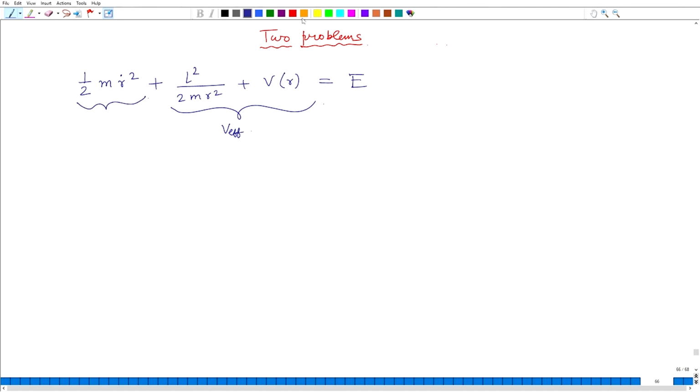And we know that this is the true kinetic energy, and this is the true potential energy. If you have this distinction clear, then you can solve many problems.